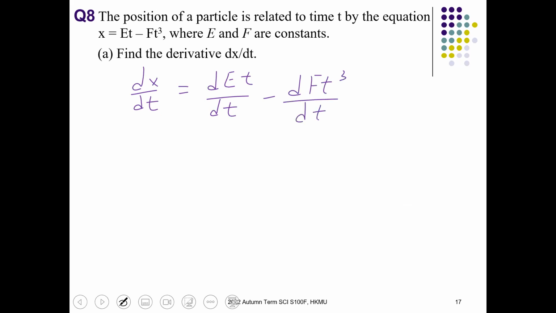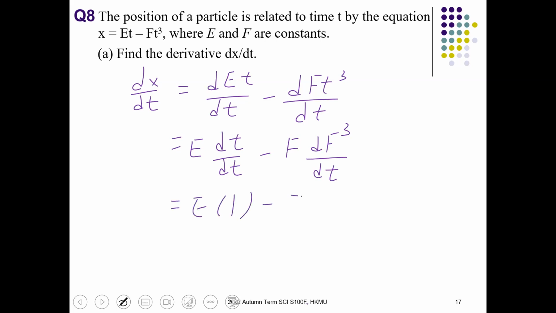Again, we just take out all the constants, as they are independent of the differentiation. Both e and f are constants. dt by dt is 1, and for the differentiation of f t cubed, this is 3f t squared. Sorry, this is t. Sorry for my typo.